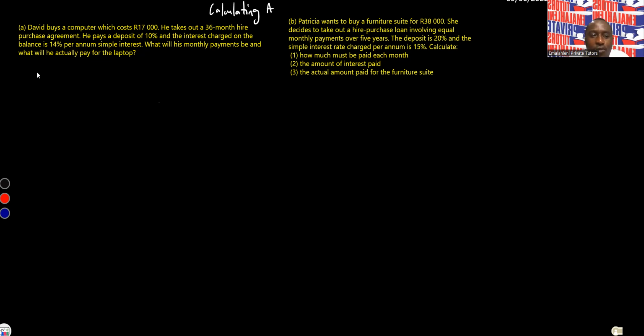So here, the cost of the computer is 17,000, and he is paying a deposit of 10%. So we're going to say, okay, what is the deposit here? Deposit is equal to 10/100 times 17,000, which is 10% times 17,000.